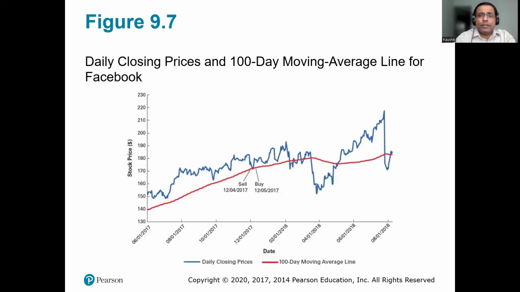For example, here the red line is a 100-day moving average. We take the daily prices over a period of 100 days, calculate the average, and then we plot this average over a period of time. Whenever the daily price shows an upward trend with respect to the moving average, it's a buying opportunity.